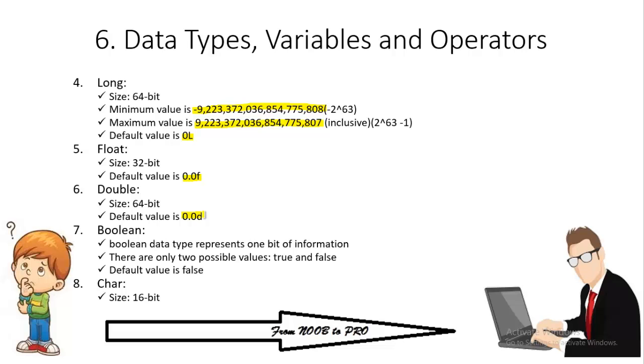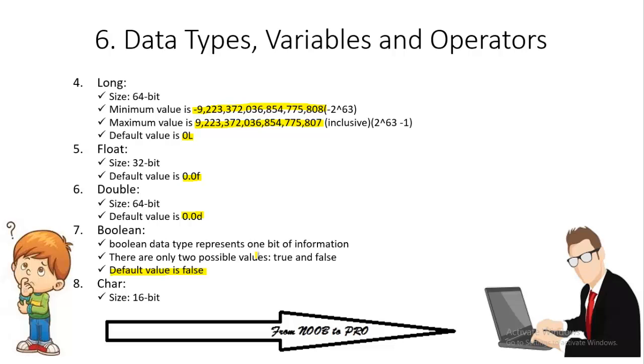Okay, so the next data type is boolean, which can have only true or false data. So if we say true, it will be stored as 1 and 0 for false. The default is false.